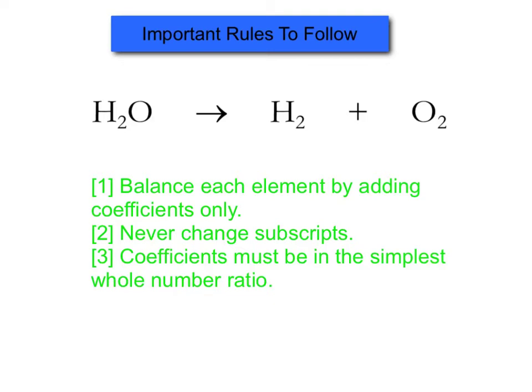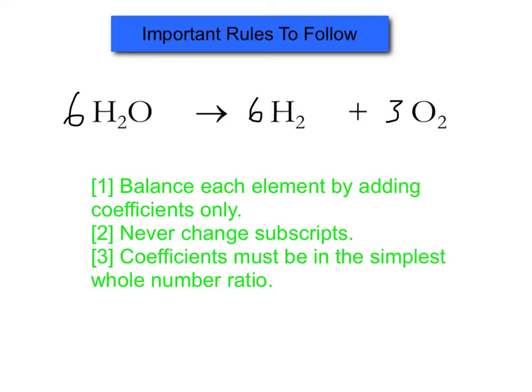Now here's another thing that you would not be allowed to do. This is kind of looking at rule number 3. We had seen before that the correct answer was having 2 H2Os and 2 H2s, and that's a balanced equation. So what we would not be allowed to do, though, is if we had, let's say, 6 H2Os, 6 H2s, and 3 O2s, that it's still a balanced equation because we have 12 hydrogens on the left, 12 hydrogens on the right, and there are 6 oxygens on the left and 6 oxygens on the right.